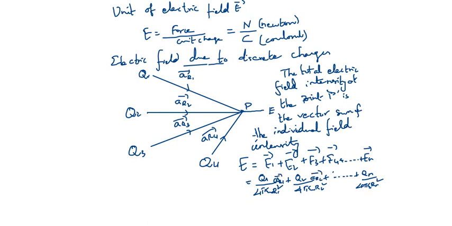In short, this is written as E is equal to 1 by 4 pi epsilon, which is common, summation of i is equal to 1 to n, Qi by Ri square into A Ri vector.